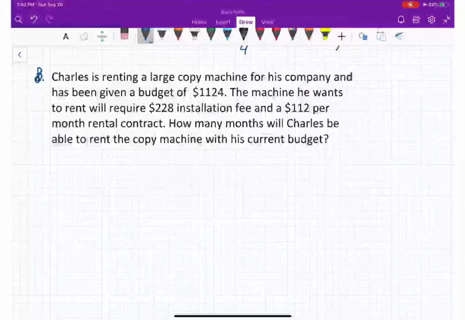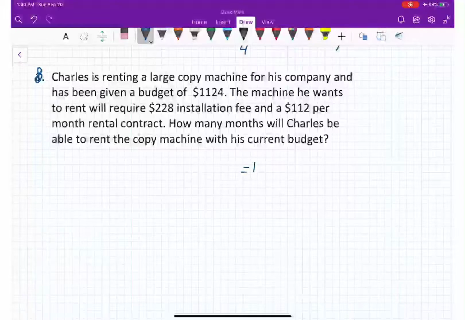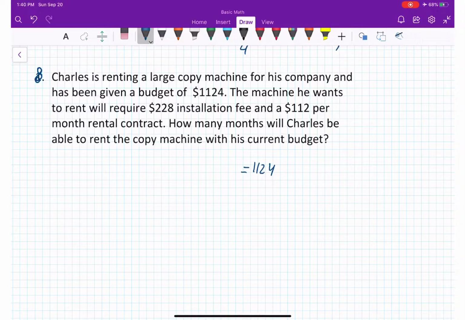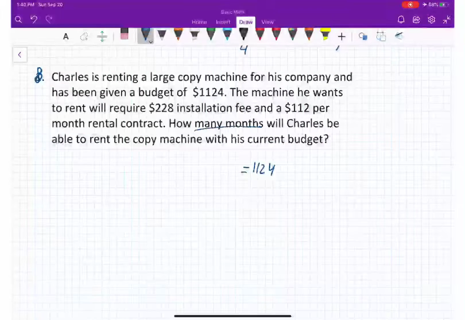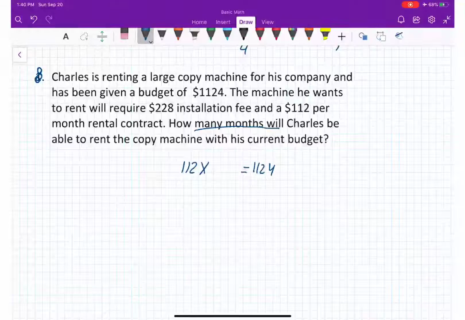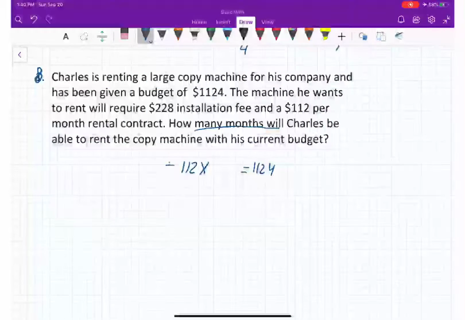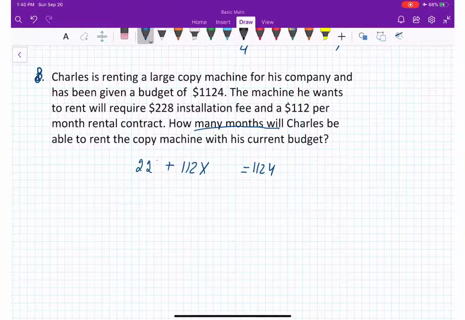So, the given budget is $1,124, right away comes here. It says how many months, so that's going to be our X, and we know it pays $112 per month, right? Okay, and installation fee $228.